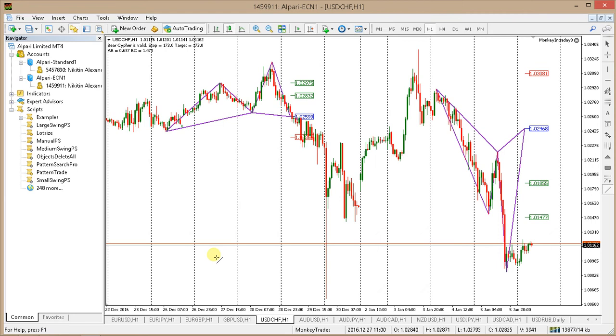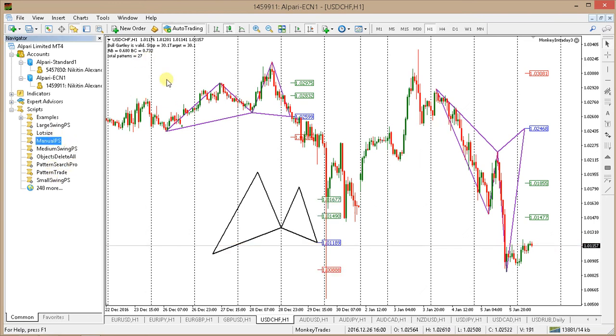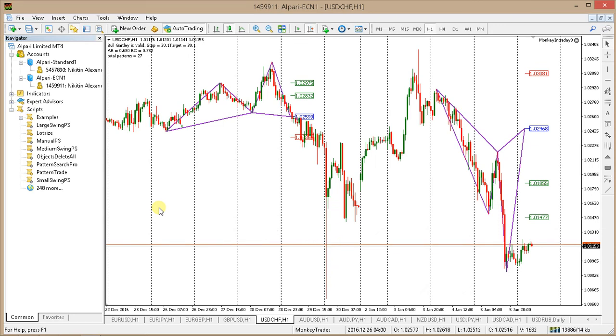How many of them do we have from June on one pair? I will draw a random pattern because my manual pattern search has an engine that calculates the total patterns. 27 patterns. We should subtract this one. So 26 ciphers in June, July, August, well, 6 months. 27 on one pair. 27 ciphers. Is it rare? Well, I don't know. One pair.